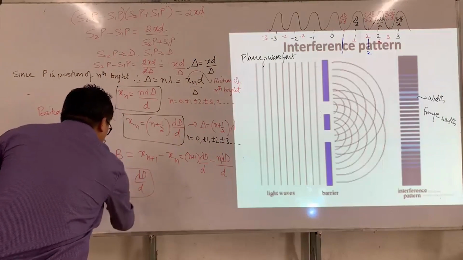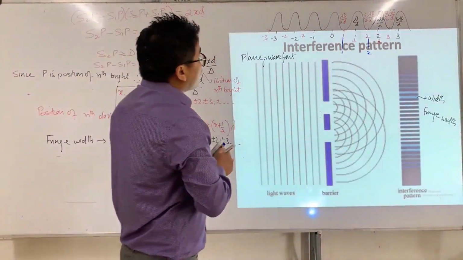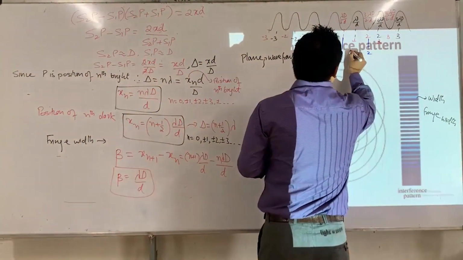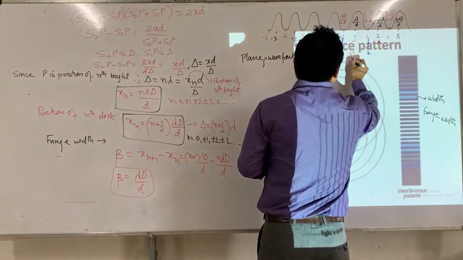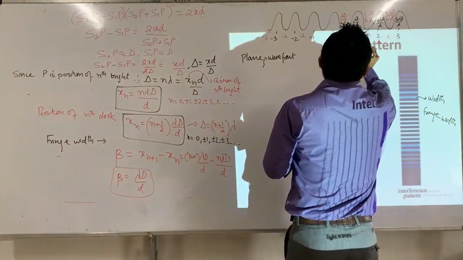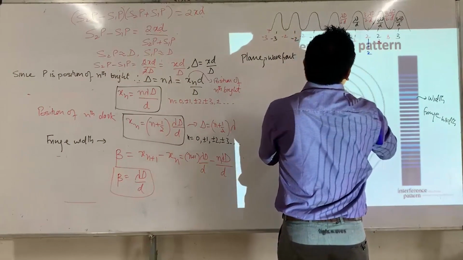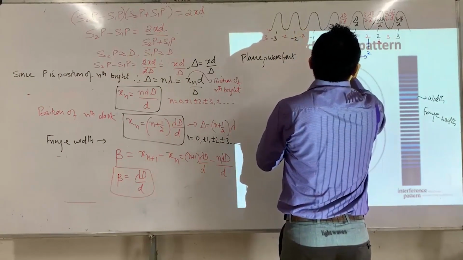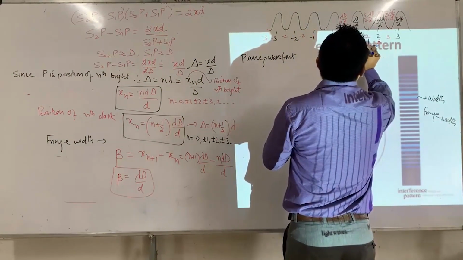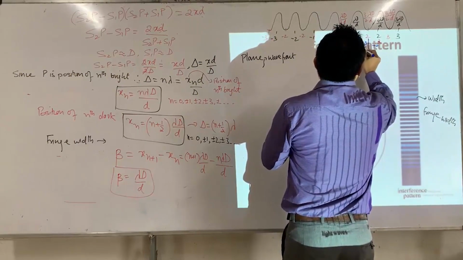So this is the fringe width, and again this width is going to be lambda D by d.